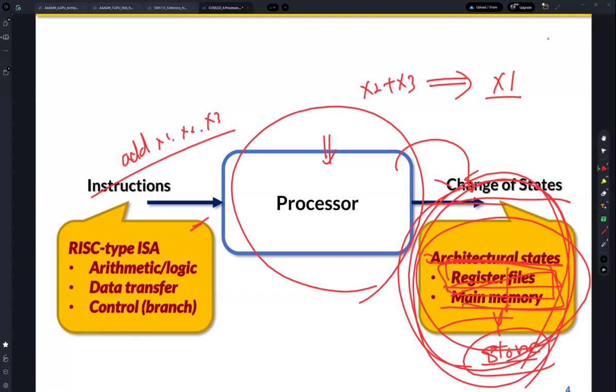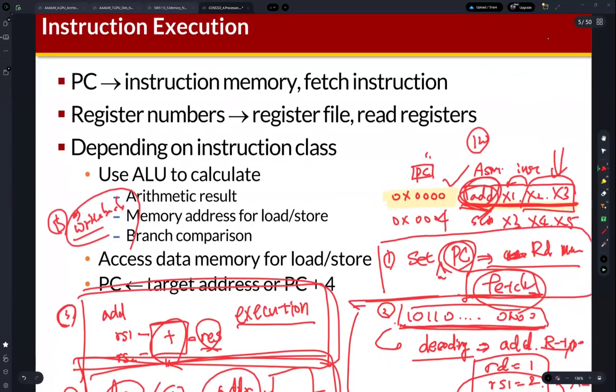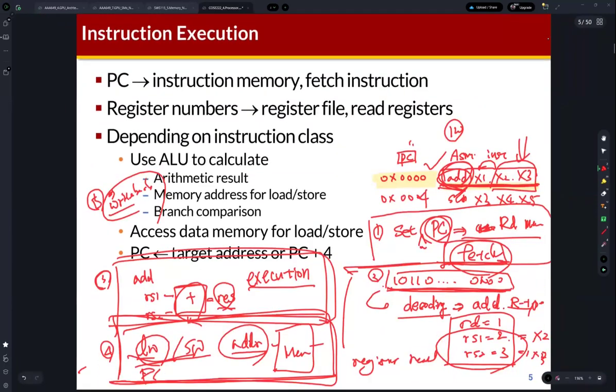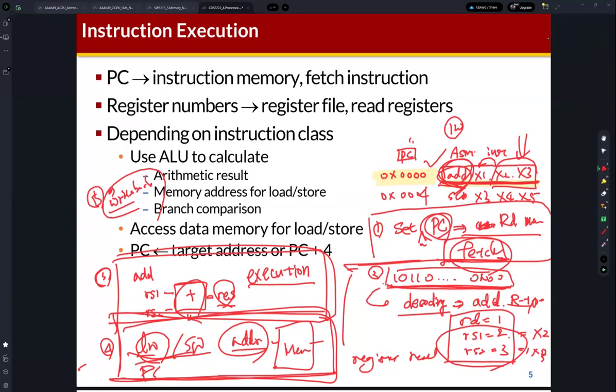But inside of a processor, in order to execute instructions, these steps are required. It means that in order to design a processor, the processor hardware needs to support these steps, and the processor architecture will be designed based on these steps.